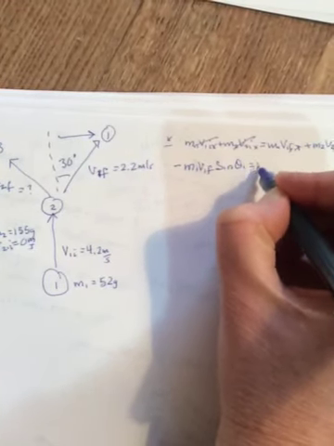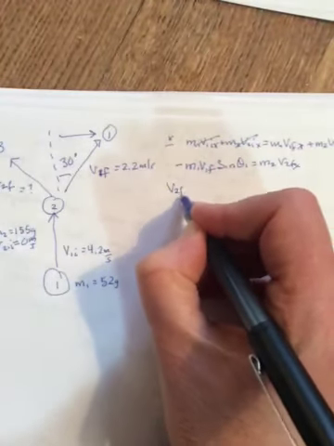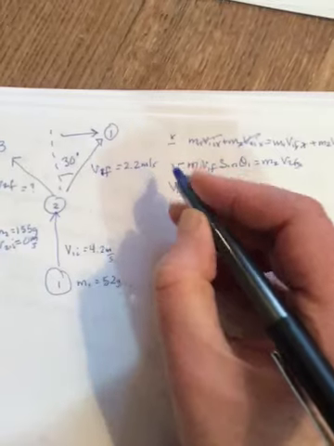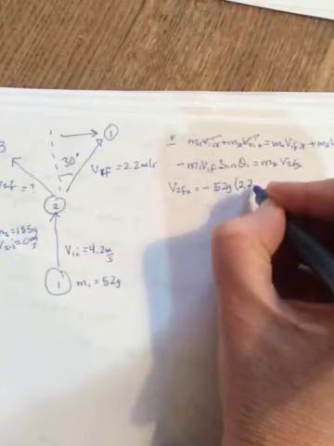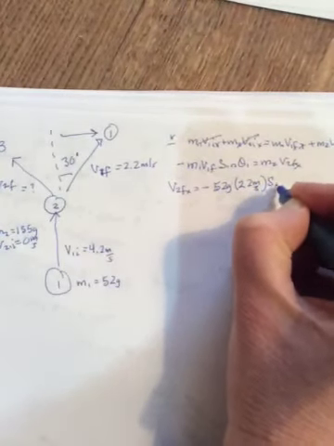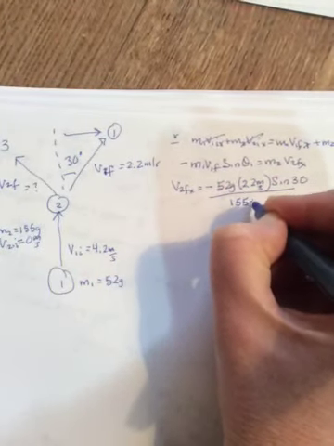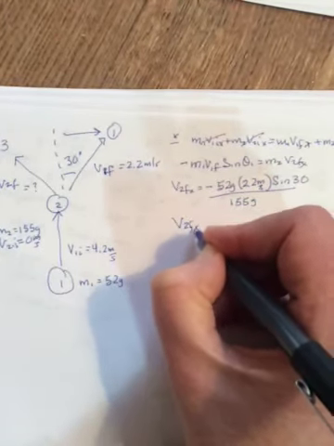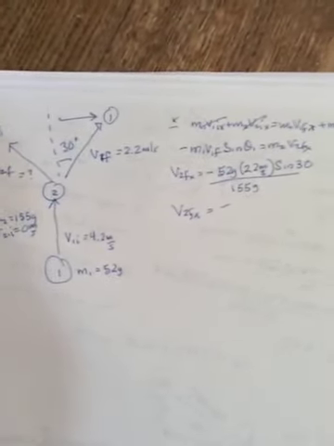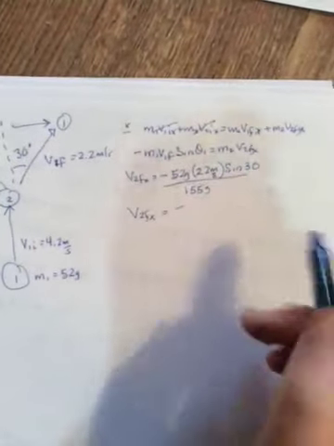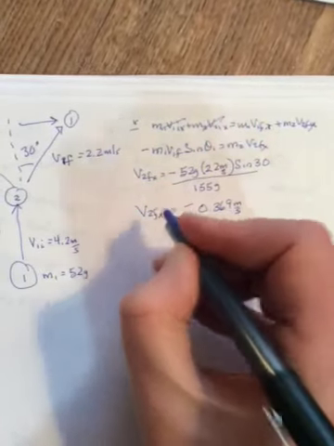Sine theta 1 will equal m2 v2x, so v2x will be negative. m1 was 52 grams, final 2.2 meters per second, sine of 30, divided by 155 grams. v2fx will be negative 0.369 meters per second in the x direction.